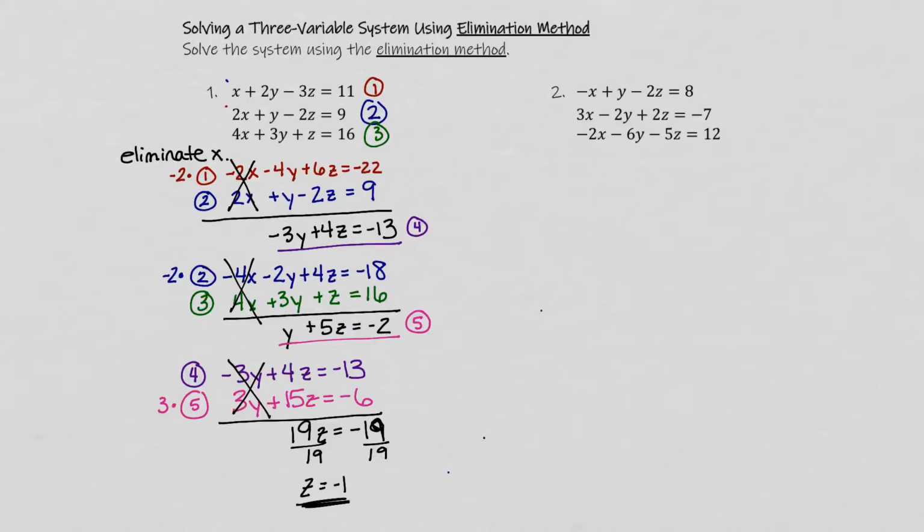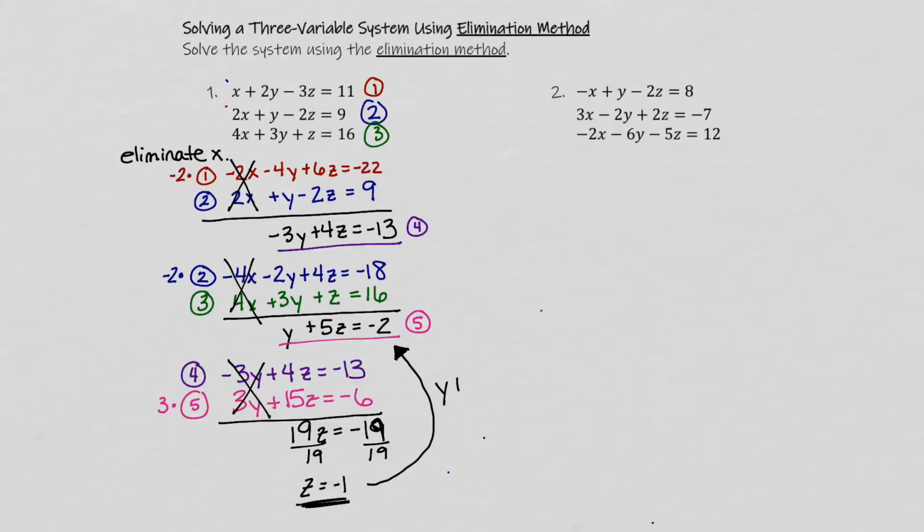All right, so that's part of my answer. I found z, but now I need to find x and y. So we're going to work backwards. I'm going to take this z, and I'm going to put it into either equation 4 or equation 5. Doesn't matter which one. This one has no coefficient in front of y, so I'm just going to plug it in there.